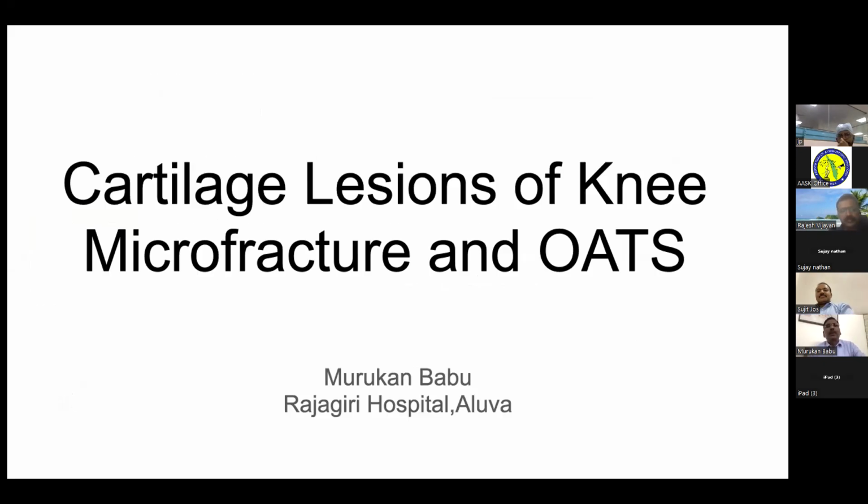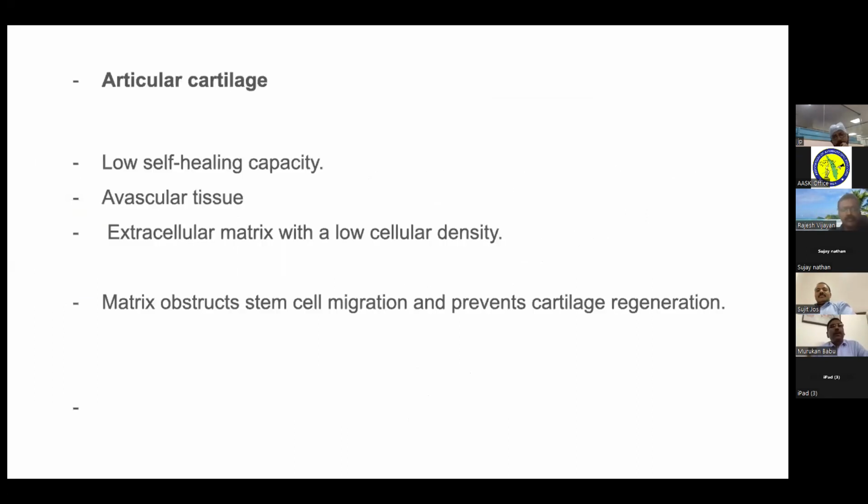My topic is cartilage lesions of the knee, microfracture and OATS treatment. We all know that articular cartilage is unlike other musculoskeletal tissues. It does not have much healing capacity.